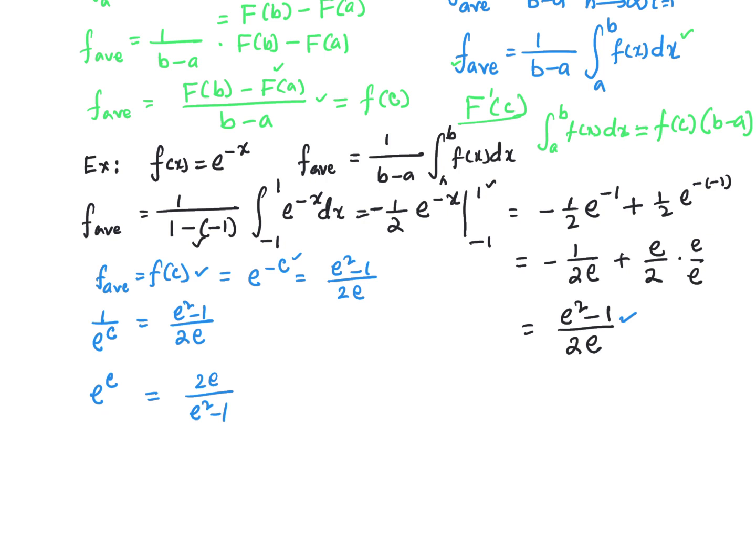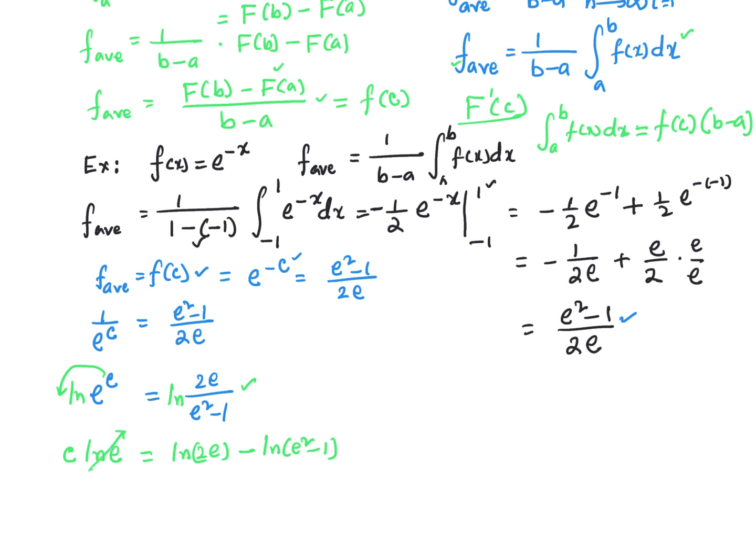At this point, I can apply the natural log to both sides. This is an exponent, so I can bring it up front. That gives me c times ln of e, but ln of e is just 1 because e and ln are inverses of each other. Then using the quotient rule, I can simplify it to ln of 2e minus ln of e squared minus 1.